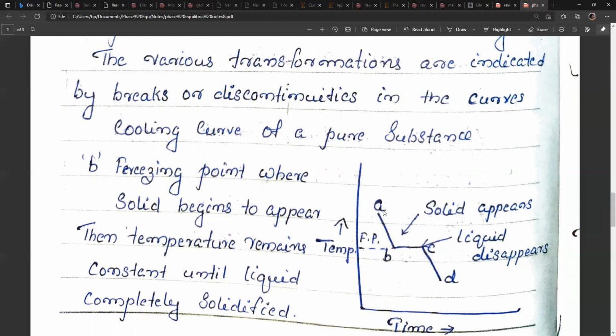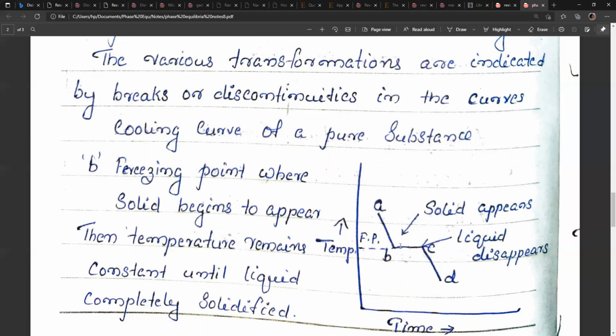We start from point A, where there is pure liquid substance, and during cooling, when the freezing point of the pure substance is reached, the solid begins to appear.